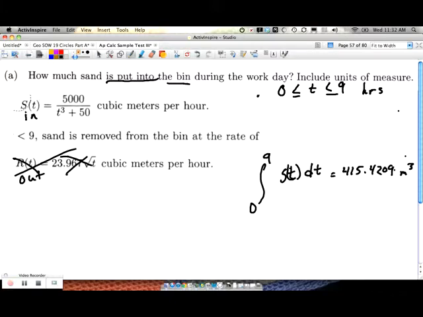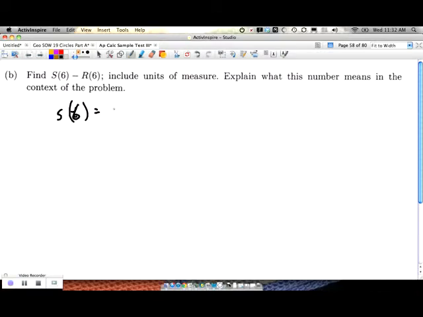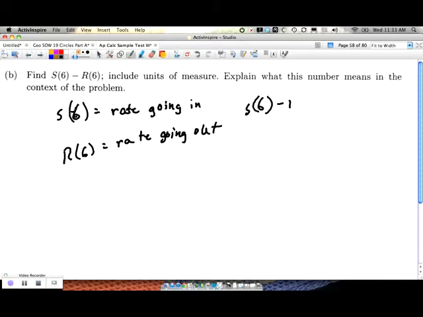So right now, S of 6 is the rate going in. And R of 6 is the rate going out. So S of 6 minus R of 6 is the net rate.